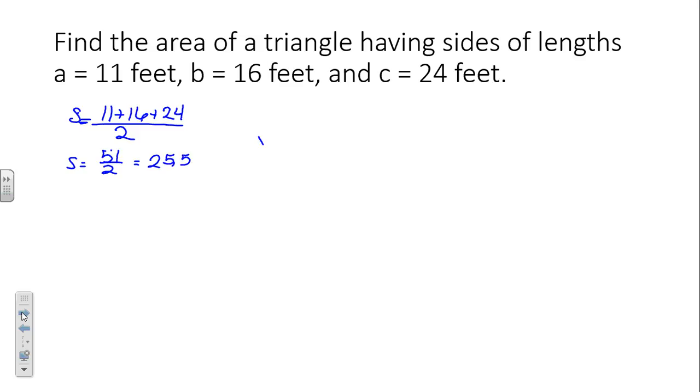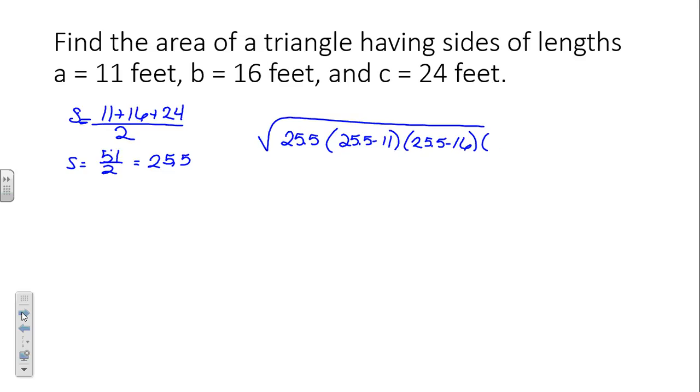Now we need a square root, and then we take that 25.5, and we're going to multiply it by 25.5 minus 11, 25.5 minus 16, and 25.5 minus 24.